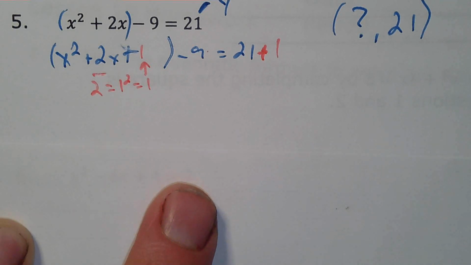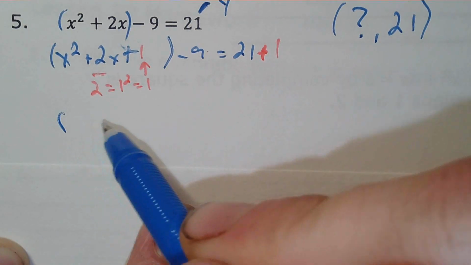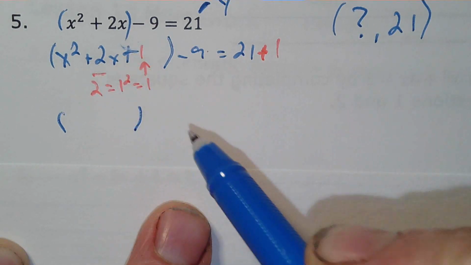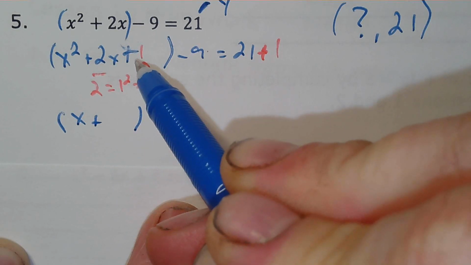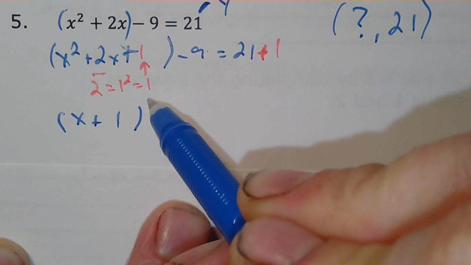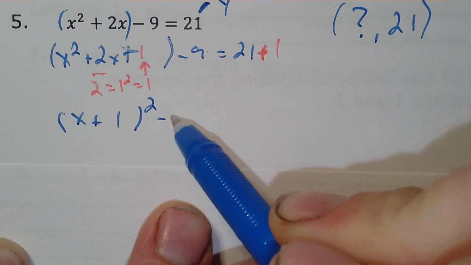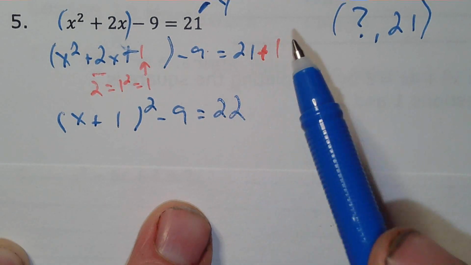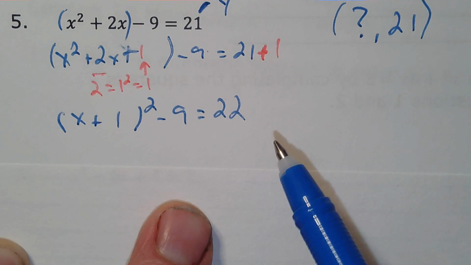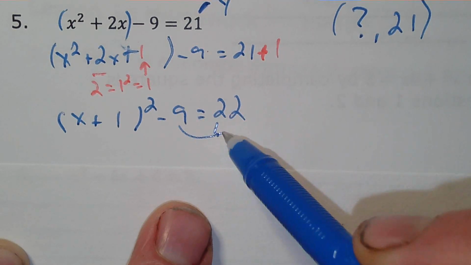Now I just need to take the square of this quadratic. The first term square root, the second term sign, the third term square root, and that's going to be squared. Minus 9 equals 22, because 21 plus 1 is 22. So now I'm going to bring this over here.